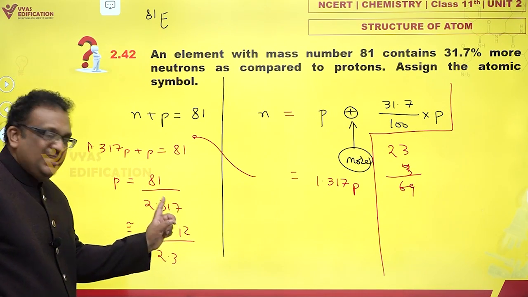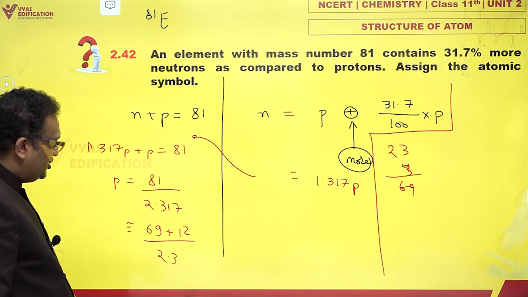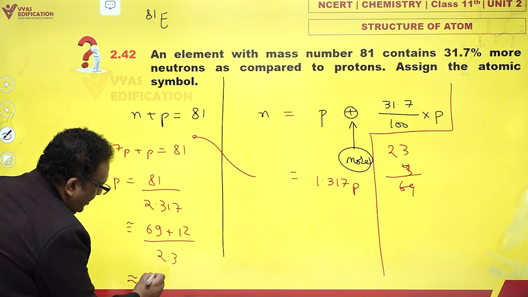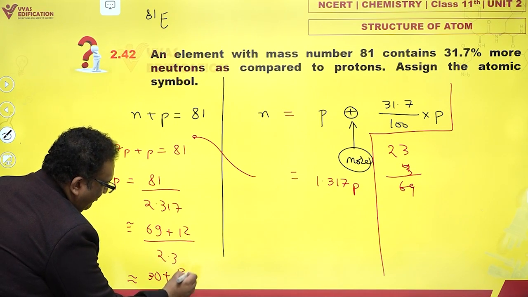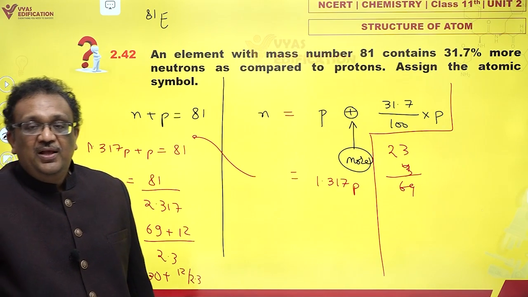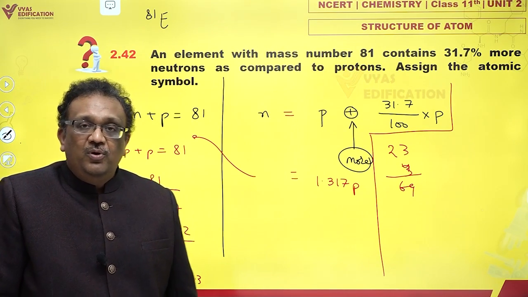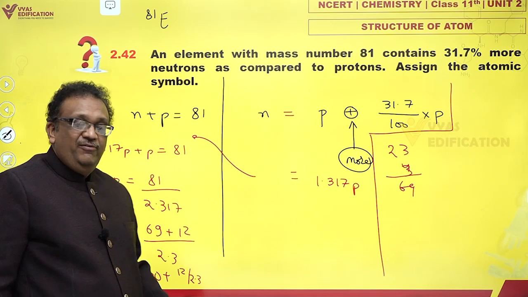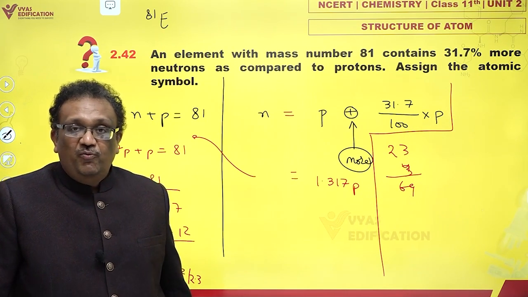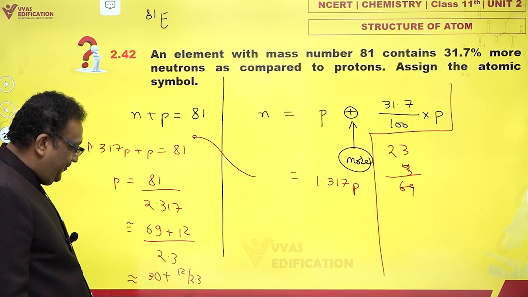Why? That 0.017 I have just ditched. How much is this? This is 30 plus 12 by 2.3. Now suddenly an idea strikes me. Had it been 2.4, 12 by 2.4, how much would that have been? 12 2s are 24. So 1 by 0.2, that would have been 5.